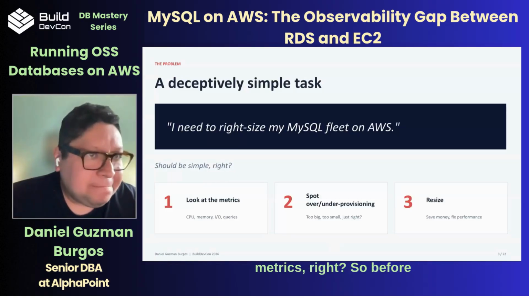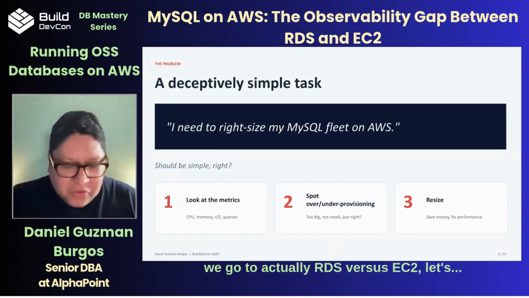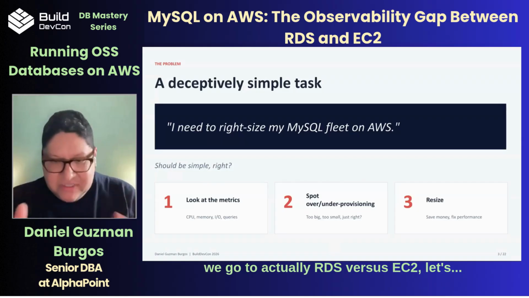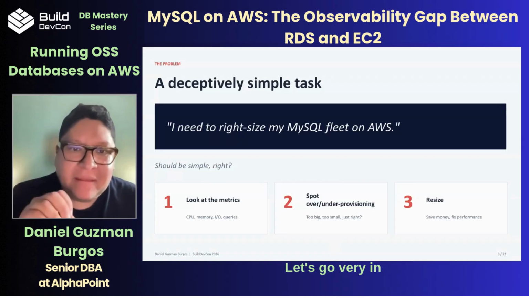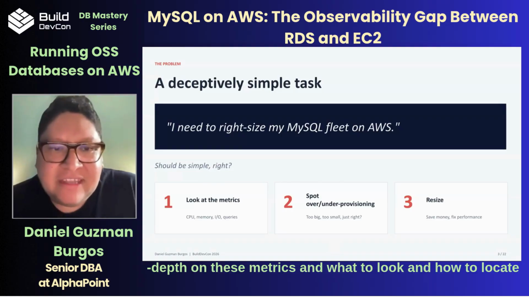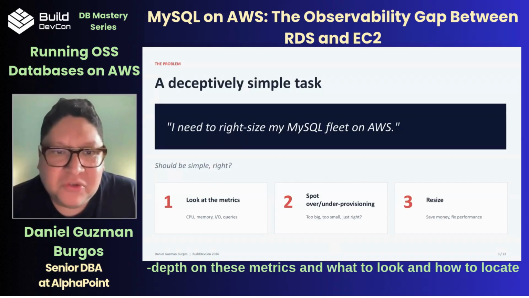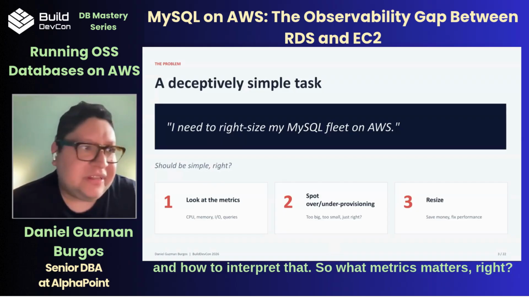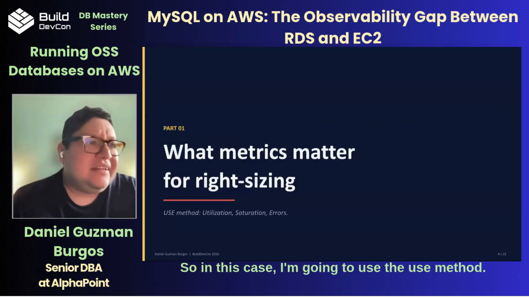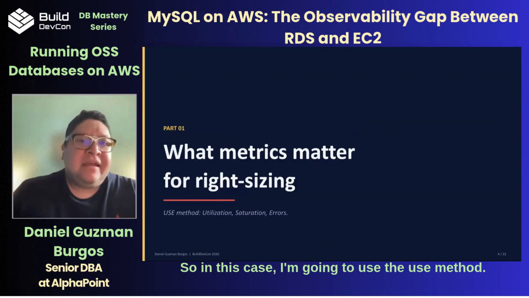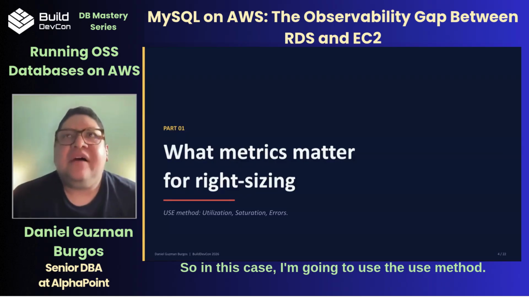Before we go to actually RDS versus EC2, let's go very in depth on these metrics: what to look at, how to look at it, and how to interpret it. So what metrics matter? In this case, I'm going to use the USE method.